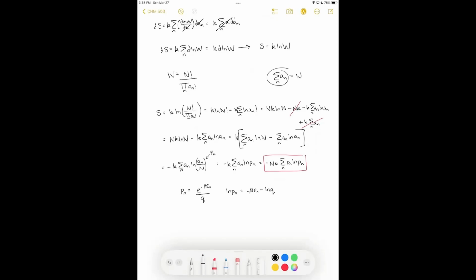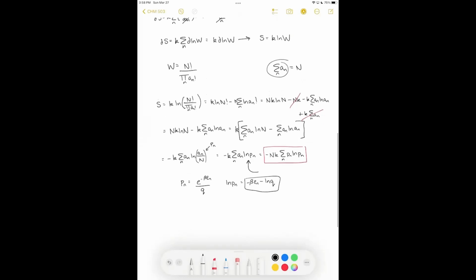So this is the route by which we are introducing the partition function Q into this definition of entropy. We can substitute in this term and plug that in for the natural log of P sub n.